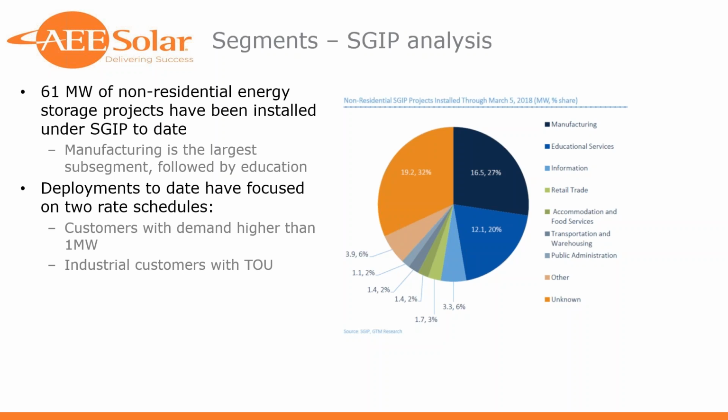Followed by education. The big takeaway here on education is that's a load profile that's just really well suited to commercial storage. You think of your typical school or educational facility: lights turn on at 7 or 7:30. They've got HVAC that works to make the building hospitable.